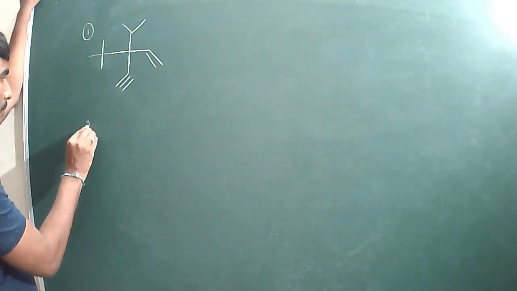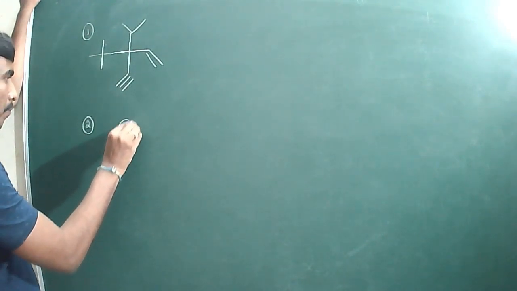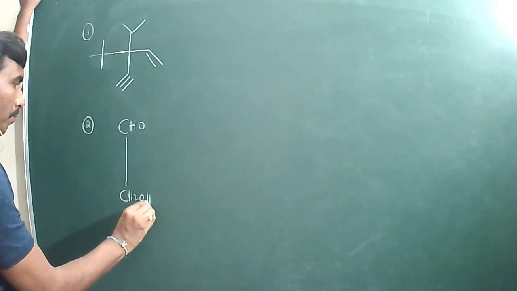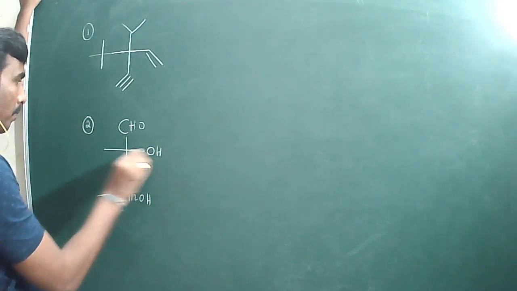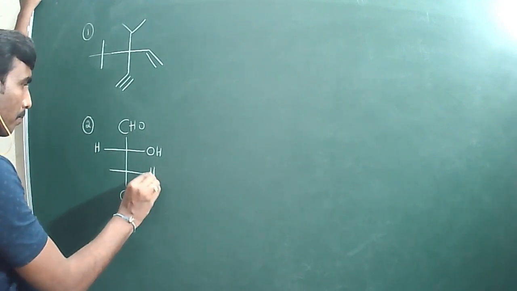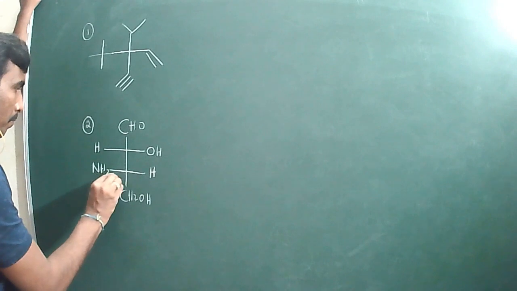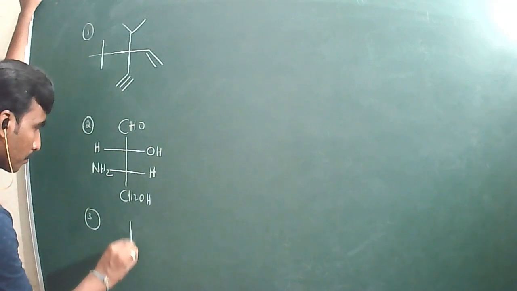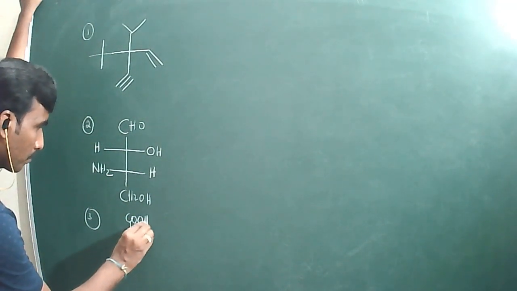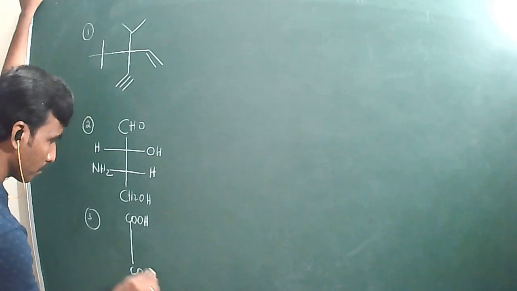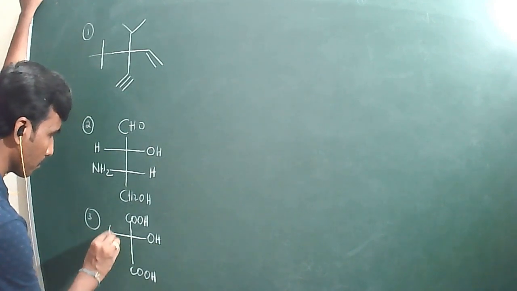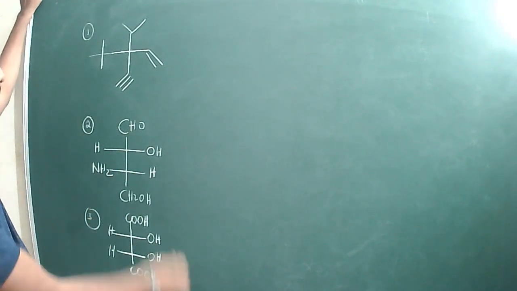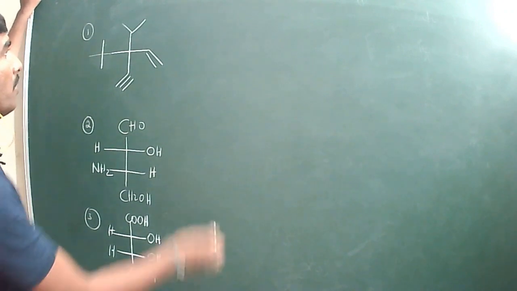And the second one, then H2. Third one, these are the cases where we have more than one chiral center, but for all chiral centers you can give the configuration.